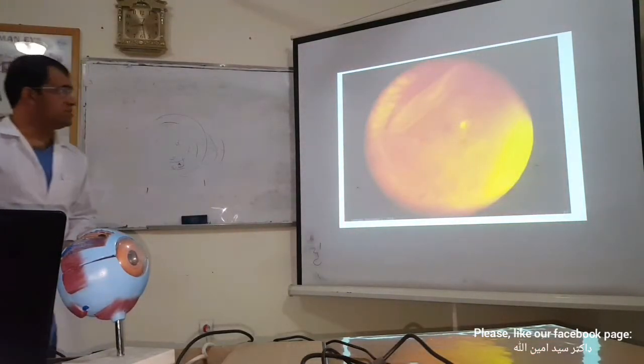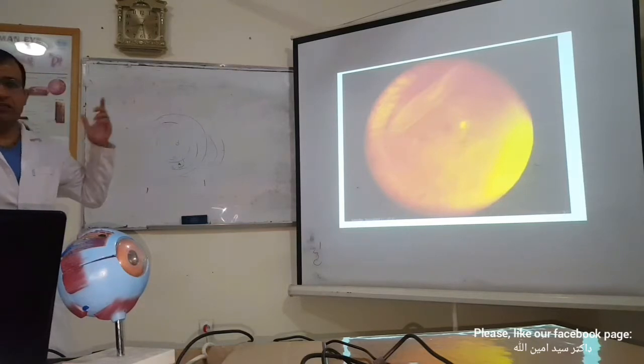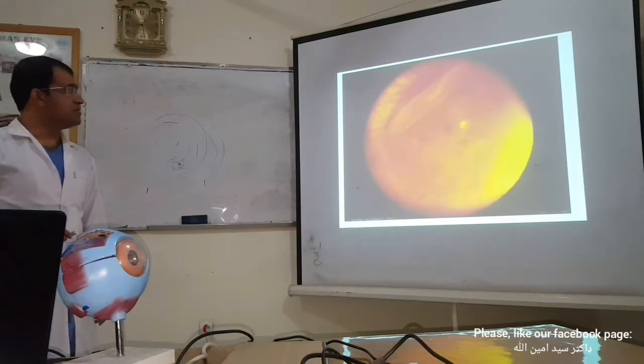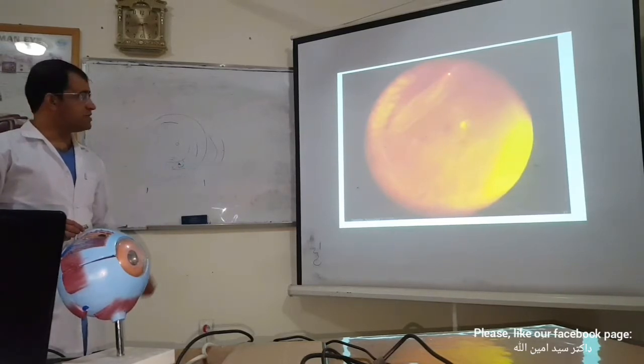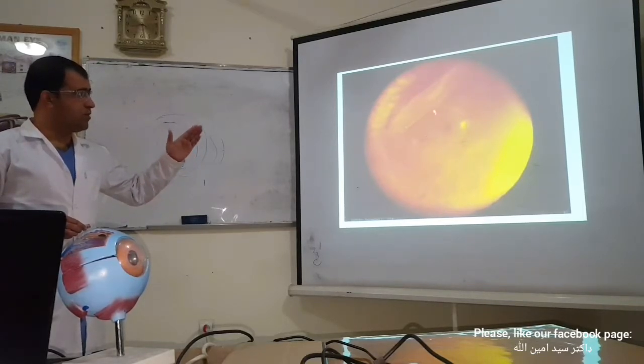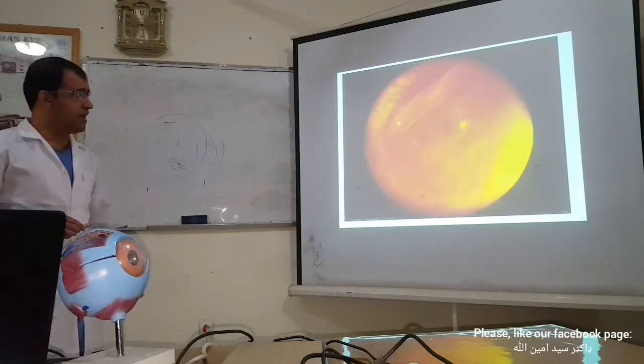And this is a GRT, a giant retinal tear. And these, we say, the open portion of these tears, you imagine first the tear occurred here, and it went backward to the posterior part, and it made a fold.